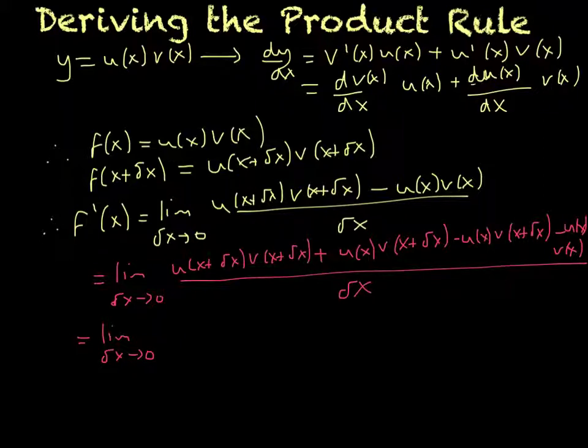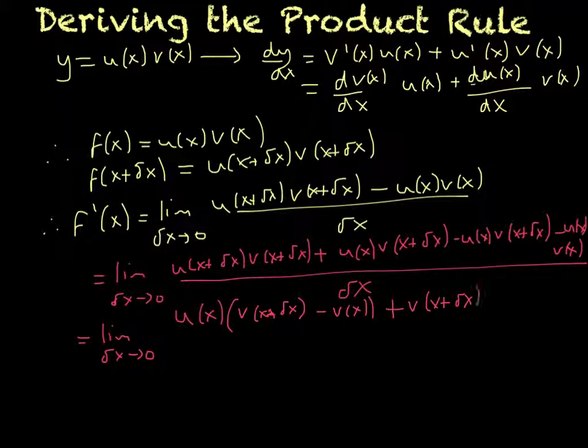So here I've got, for example, u of x from here. Here's u of x and here is u of x. So I'm going to take out v of x plus delta x, subtract v of x, and then I've got plus, and this time we're going to do the same, but with the v of x plus delta x, and take this one out, and this is coming from here.